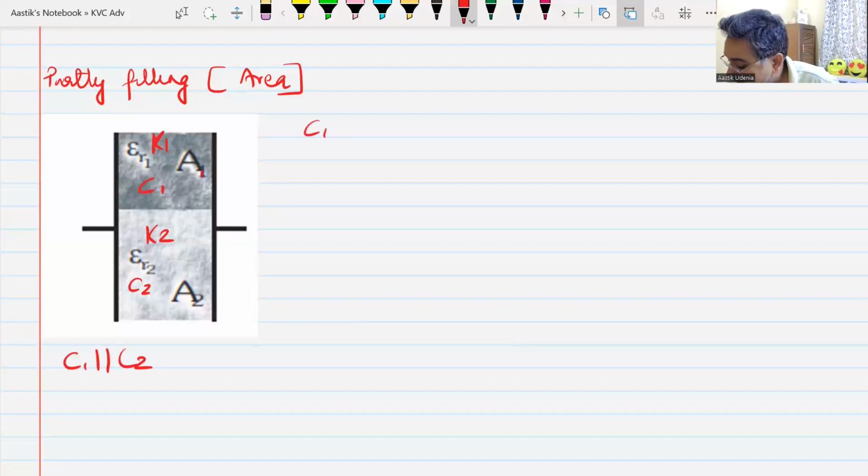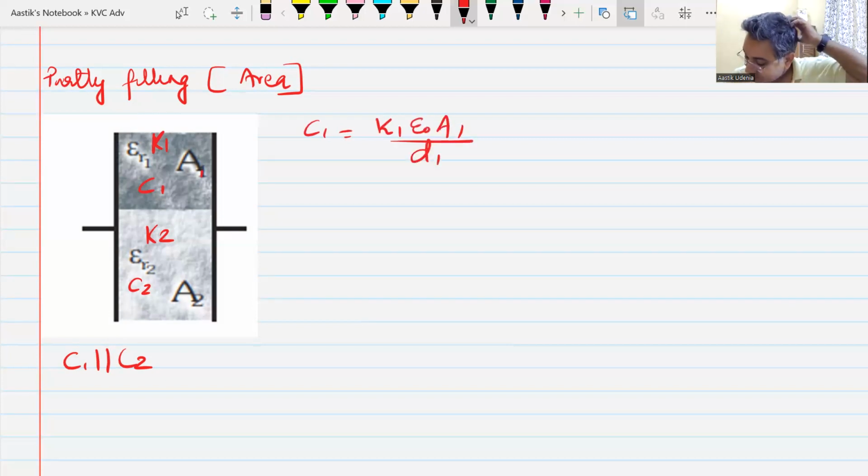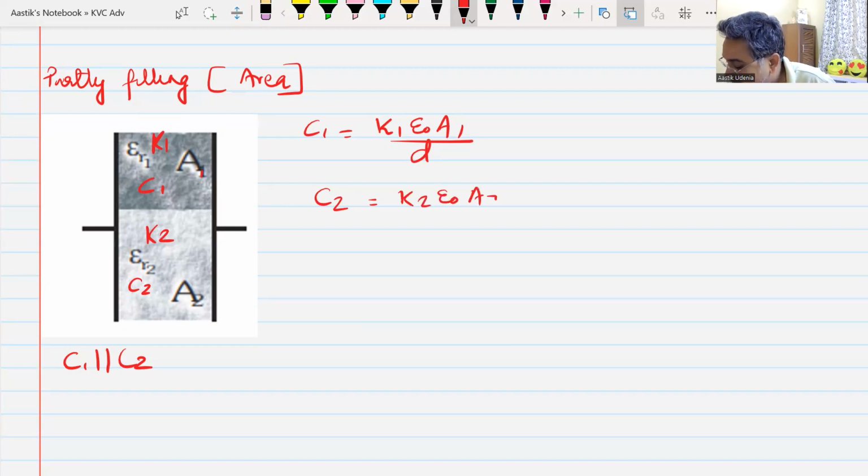The value of this C1 will be equal to K1 epsilon naught A1 by D1. This D1 and D are same because they are filling up the entire space. The value of this C2 will be K2 epsilon naught A2 by D. From there you can find out the effective capacitance.